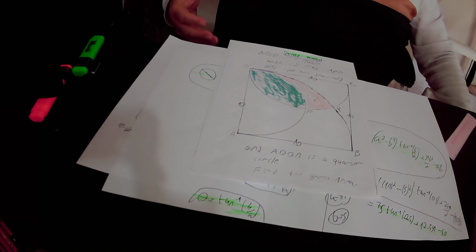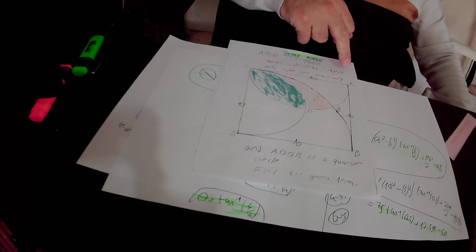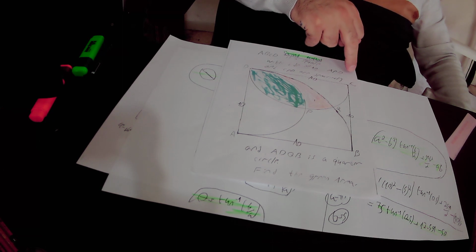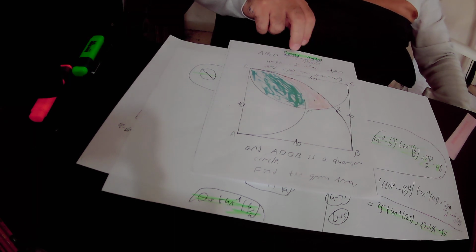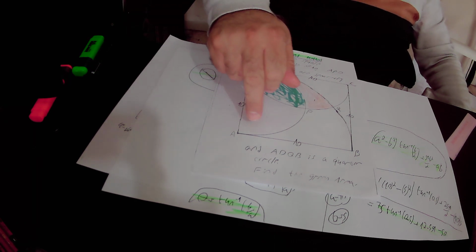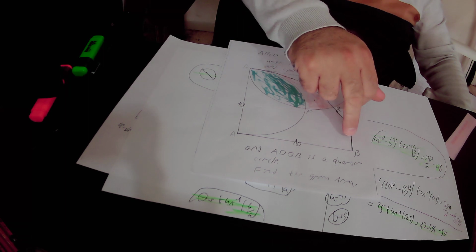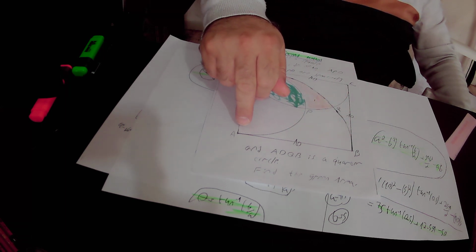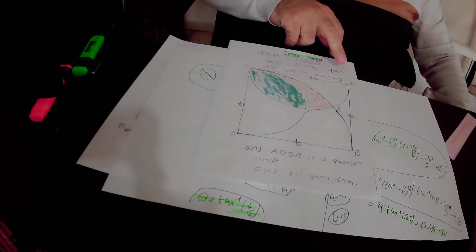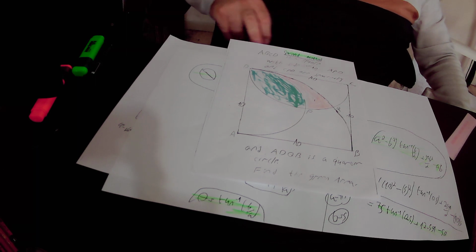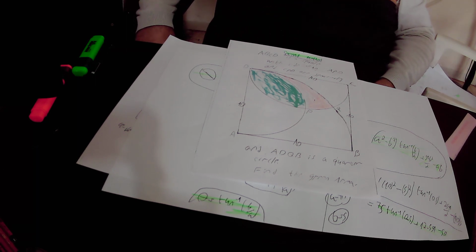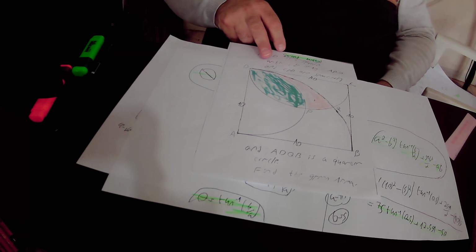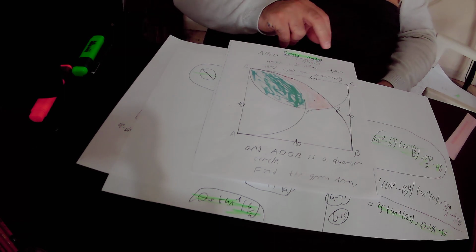Therefore, the only thing that we have to know is the radius of the quarter circle and the radius of the semicircle. The radius of the quarter circle is 10, while the radius of the semicircle is 10 over 2, because the diameter is 10, therefore the radius is 5.